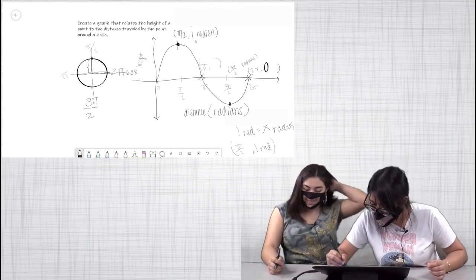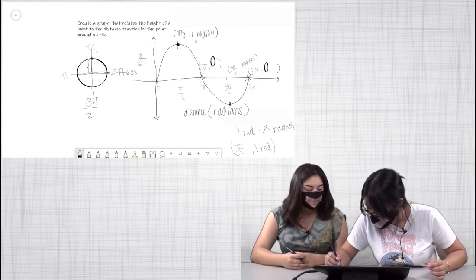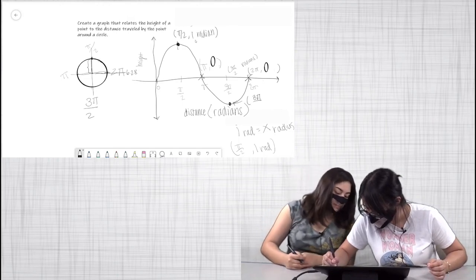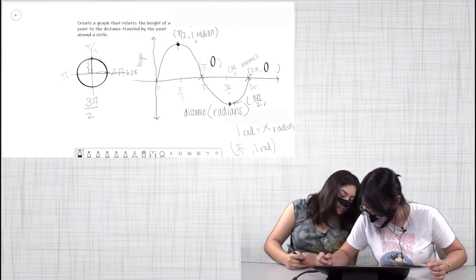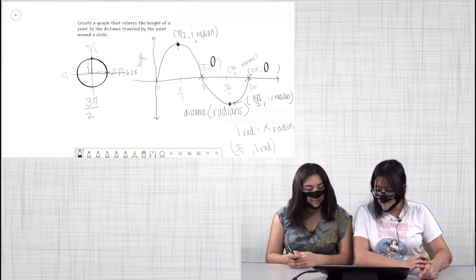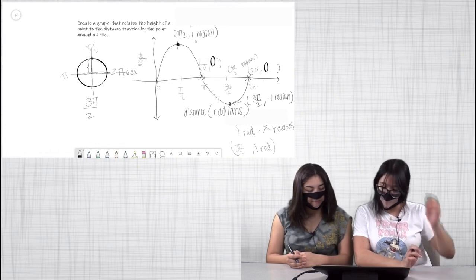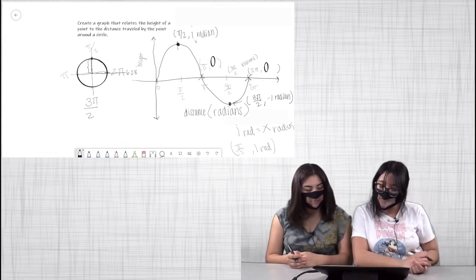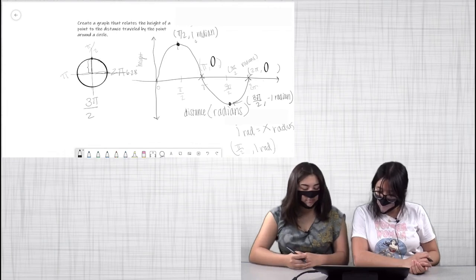This is what we're sure of right now. Negative 1. Okay. So I think you've explained 3 of the points. You explained pi over 2, 1 radian, pi, 0, and then 2 pi, 0.